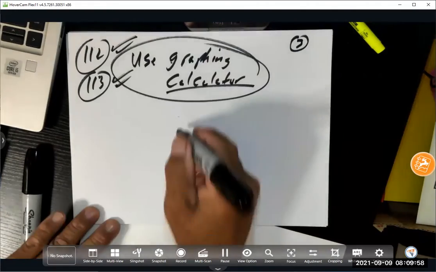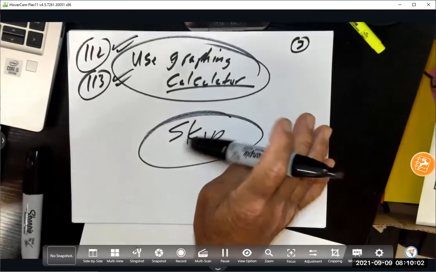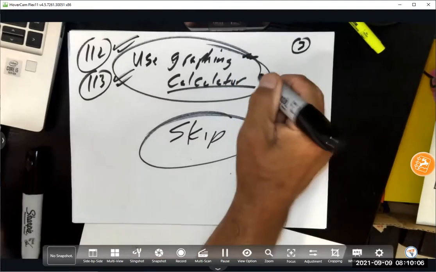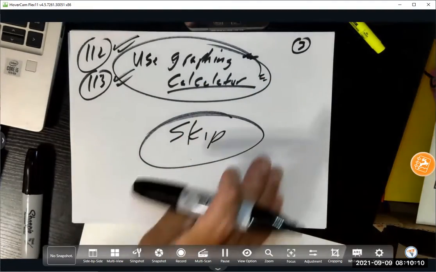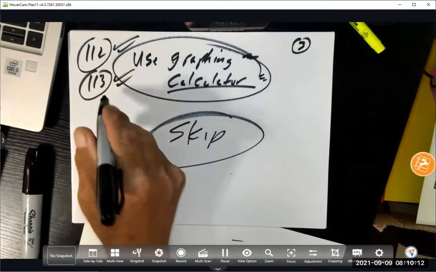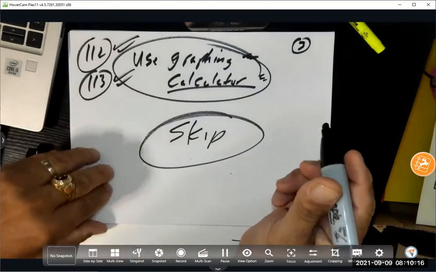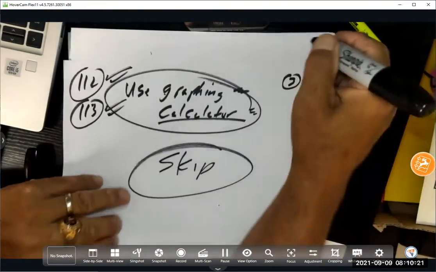I'll skip it for today, but on Tuesday when you come in, I'm going to start using the machines and show you how to set up the formulas and how to graph on your machine. Not everybody has one or knows how to use it yet, but you will.